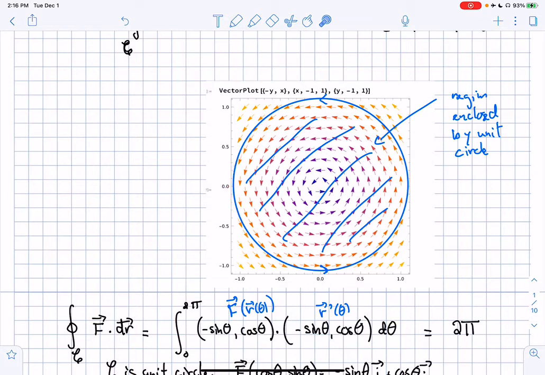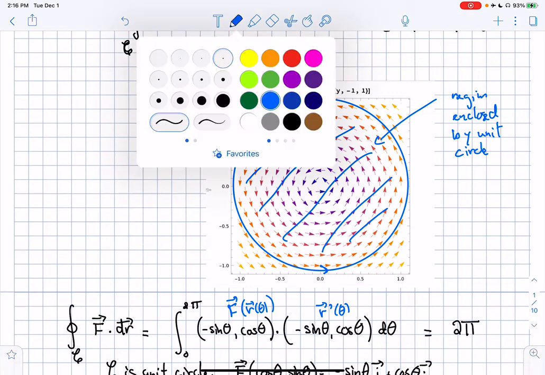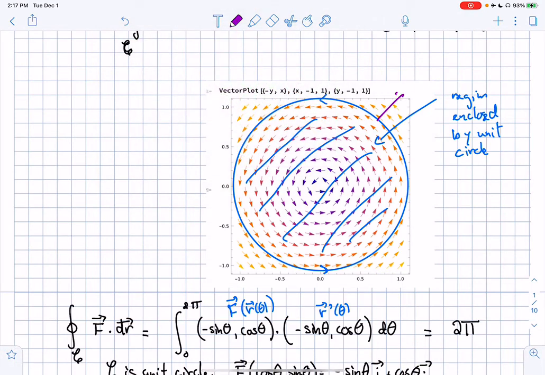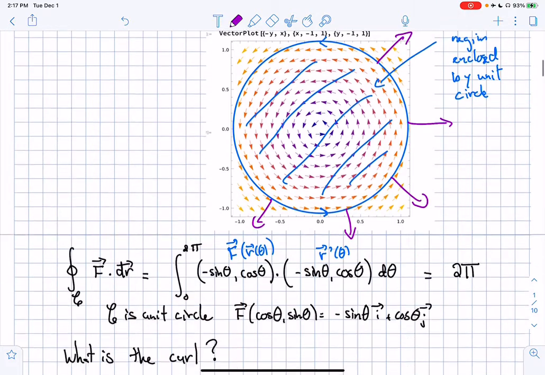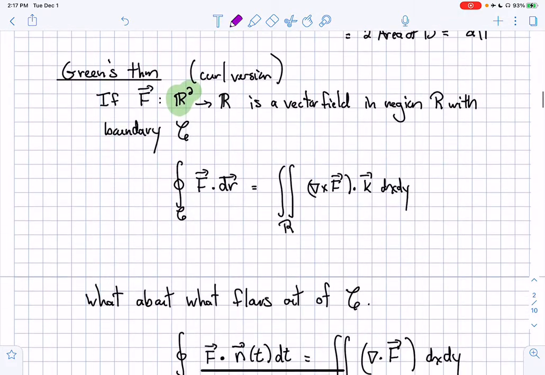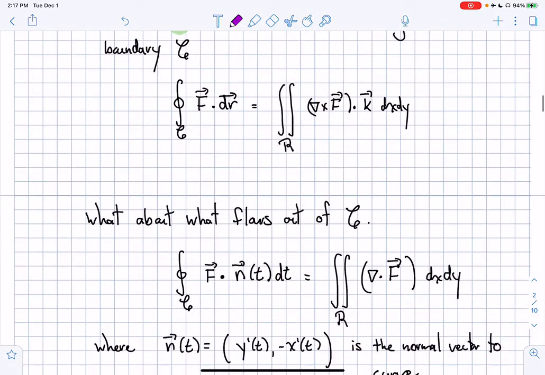So it's the component of the vector field that flows along the curve. But what about what flows outward, outside the curve? And that's the other version of Green's theorem, and it involves the divergence.